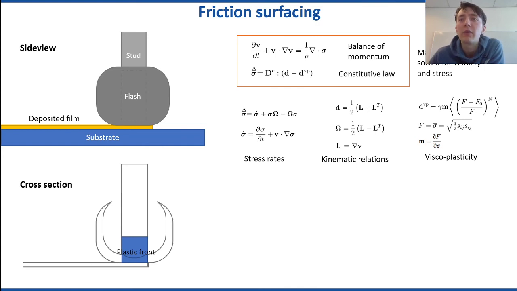And then lastly, we have some viscoplasticity relations here that go into dVp, viscoplastic. This is just a von Mises plasticity relation, but now in a viscous sense, in the sense that it's not going to be independent of the rate at which you apply the stress.